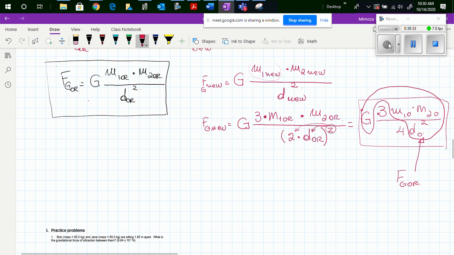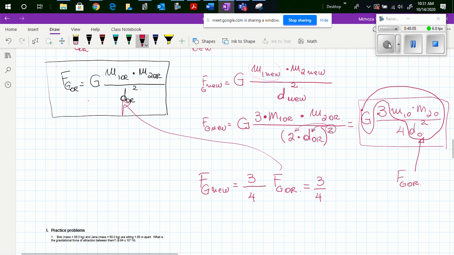And what is left, so force of gravity new, becomes the same as 3 over 4, 3/4, and the rest of the expression is the same as the force of gravity original, which was given in our question to be 8 newtons.